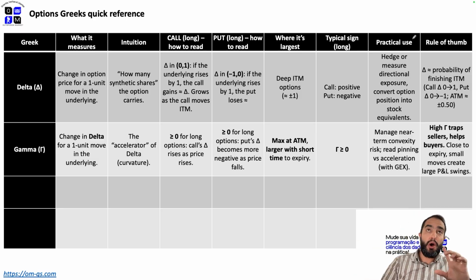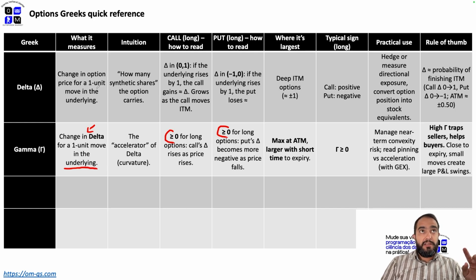Gamma is always positive, whether you are speaking about a call option or a put option. Therefore, gamma is the change in delta for a 1 unit move in the underlying asset.